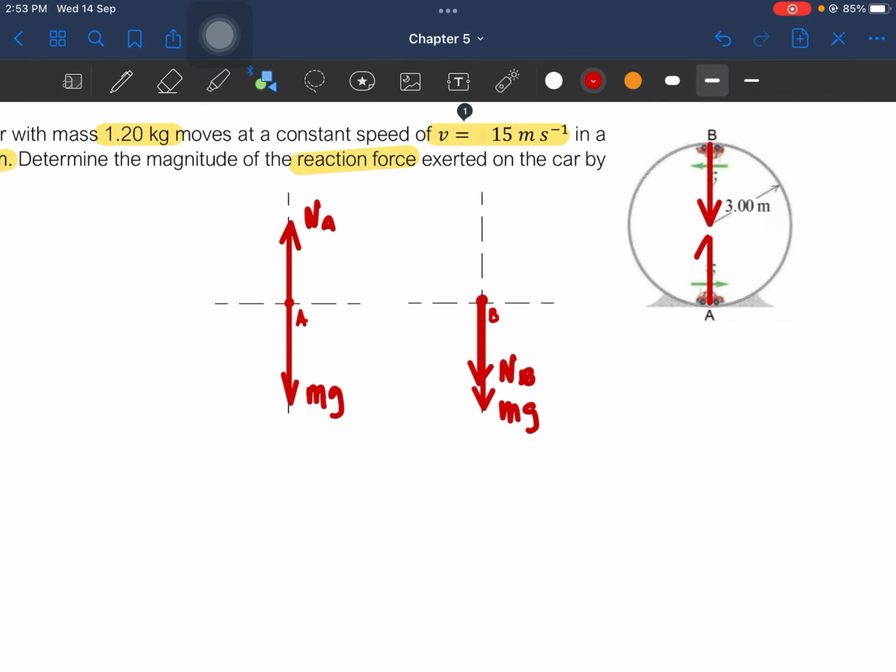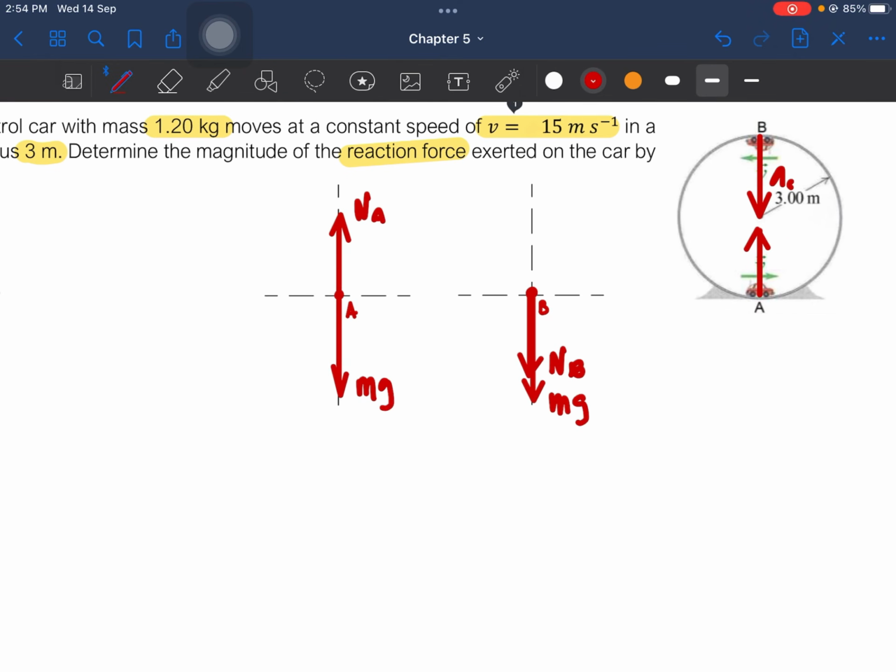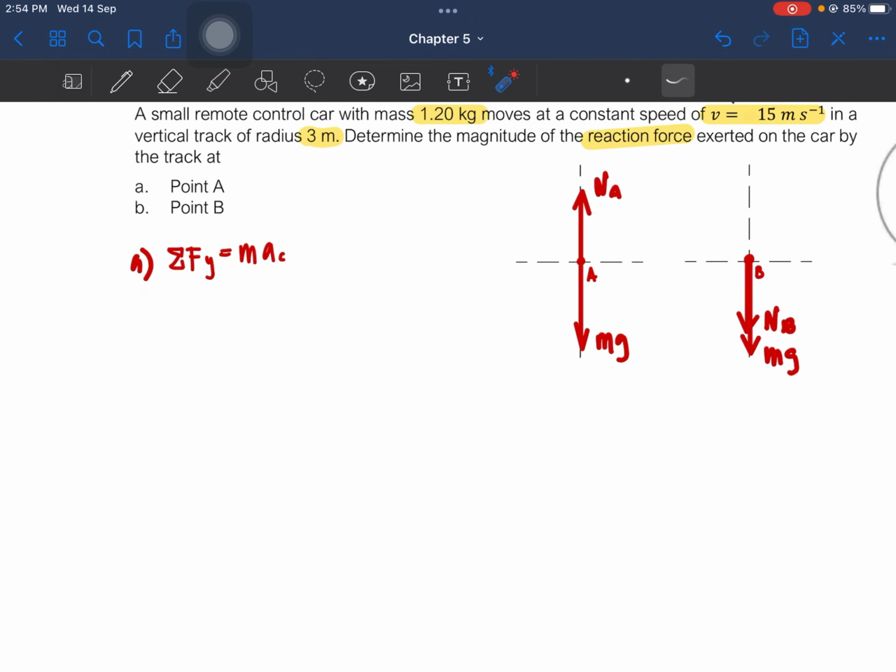Okay, so this is the radial acceleration. So if the forces follow the direction of radial acceleration, it will be positive.